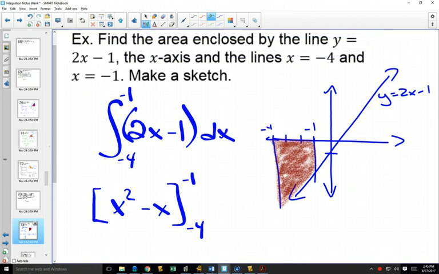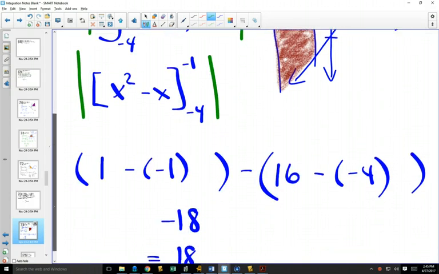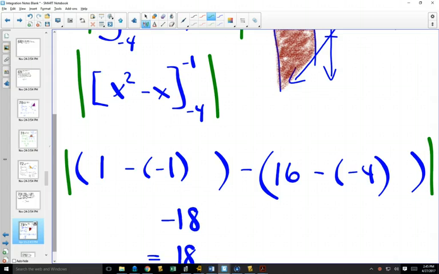So I'm going to use green for these straight lines. So you can just put absolute values all the way around it and get your right answer in the end.